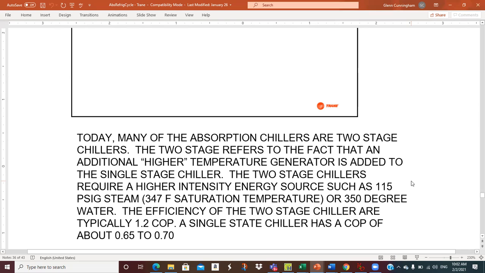This two-stage beast requires 350 to 400, so you've got to have something much, much hotter to make it go, and you get your COP up to a whopping 1.2. Hey, it's much better than the single stage, but still, in the world of COPs, 1.2 is not great compared to the vapor compression cycle. Knowing these COPs is kind of important, so you need to know that.